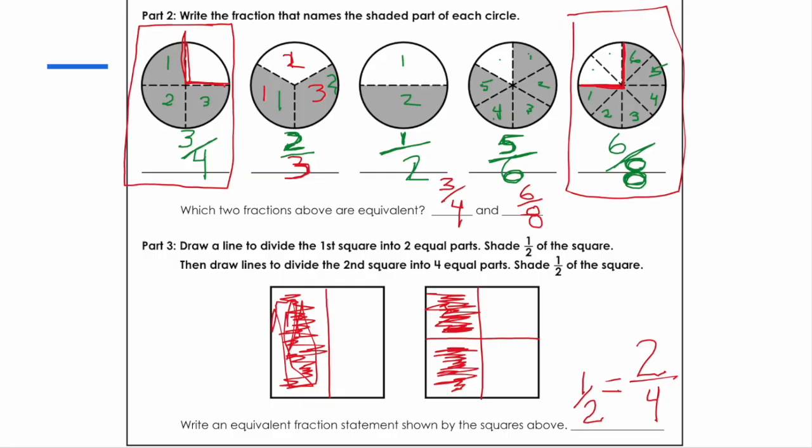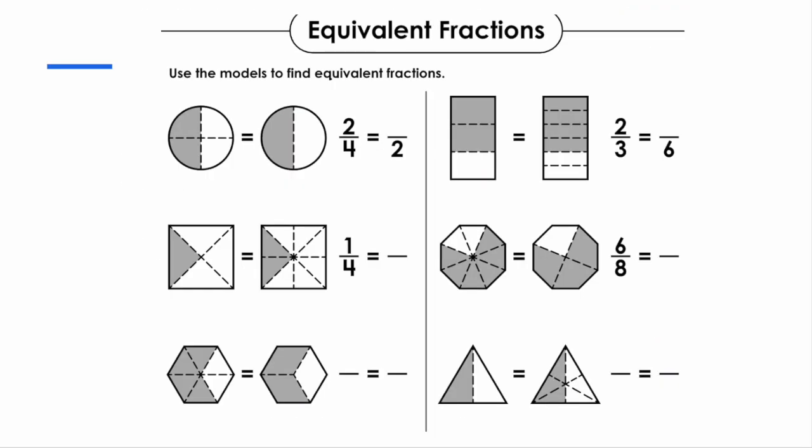So now you have your paper, and I want you to look, right? Here we go. Use the models to find equivalent fractions. So again, which are equal? So again, we're gonna look at this shaded part, right?